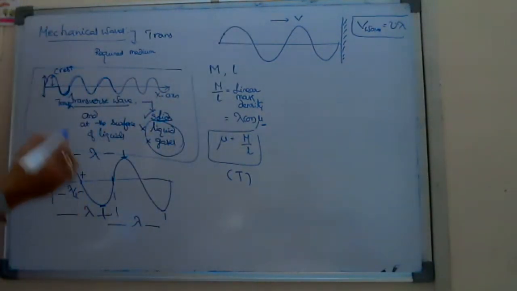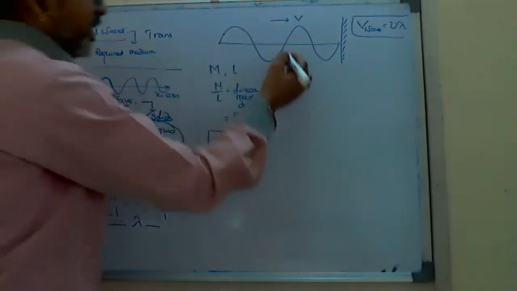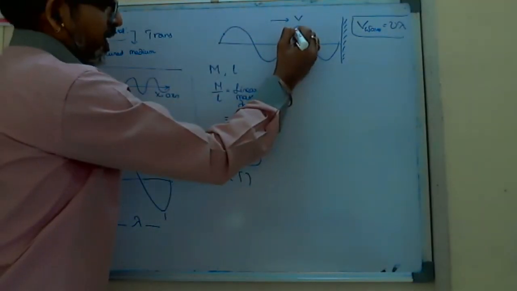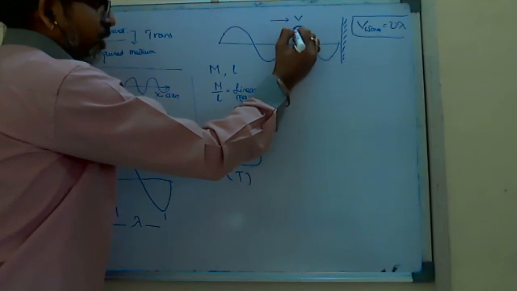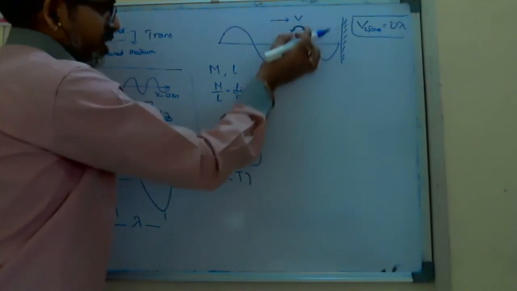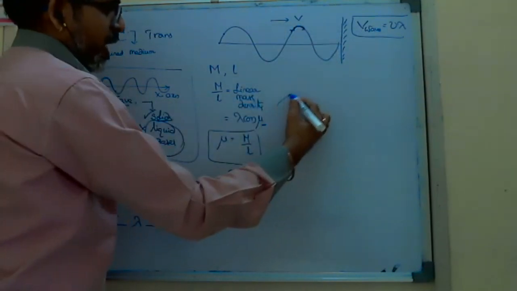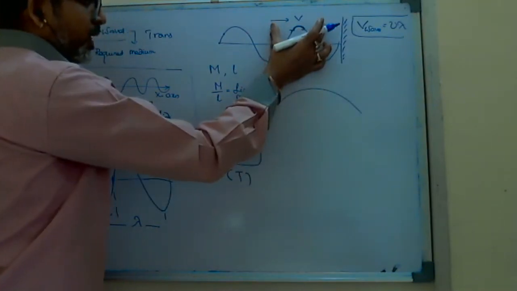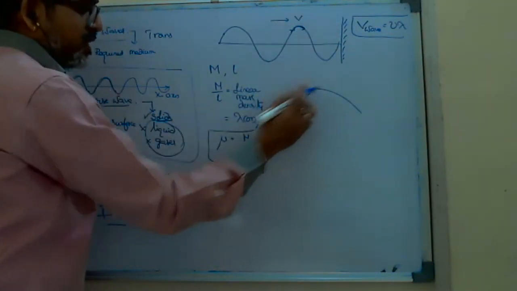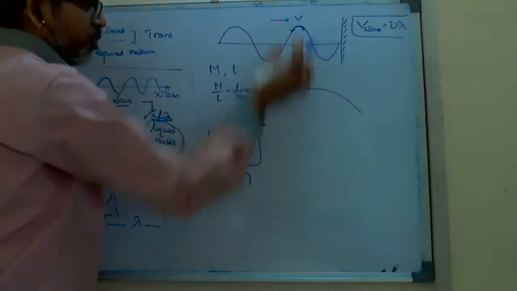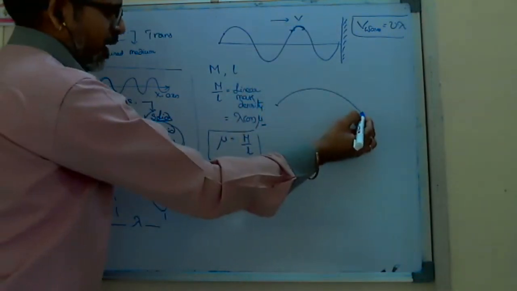So to find out that velocity, just while propagating at this point, take that part and zoom that picture. It will appear like this while zooming. So this small part is taken here. This is not a big part now, that small part of small length.